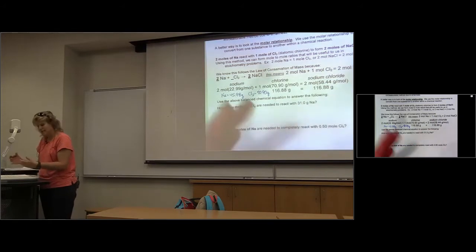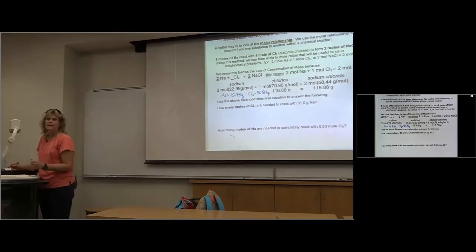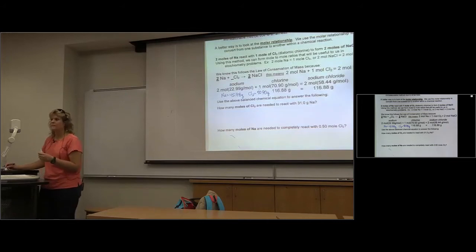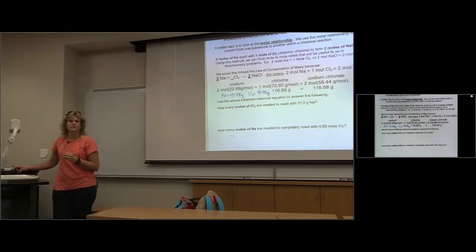Now, what does that mean? That means if I'm cooking sodium chloride, if I have a recipe to cook sodium chloride, then my recipe would say take 45.98 grams of sodium, mix it with 70.90 grams of chlorine, and you will get out 116.88 grams of sodium chloride.